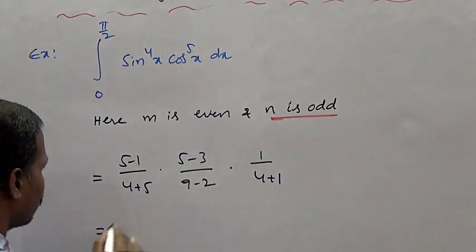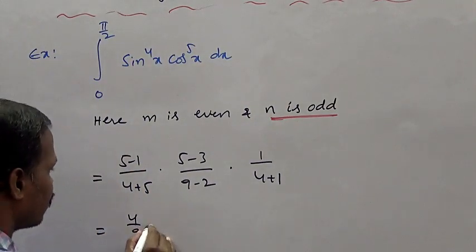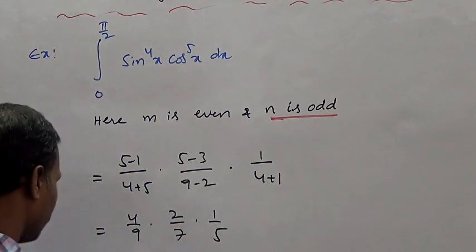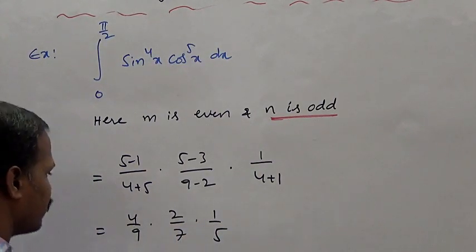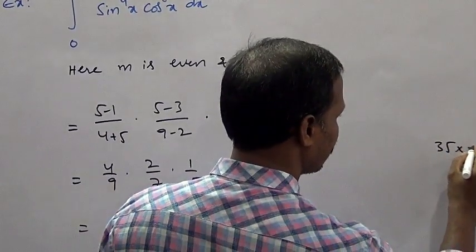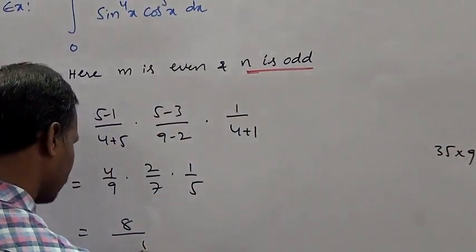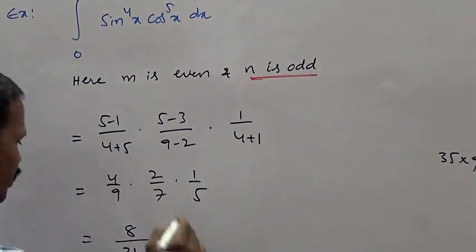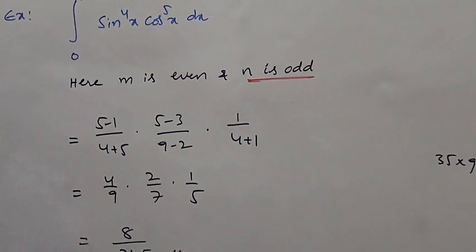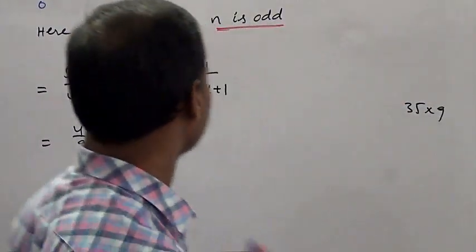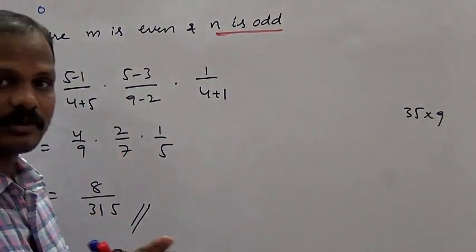So it equals 4 by 9 into 2 by 7 into 1 by 5, which equals 8 by 35 into 9, so 8 by 315. Yes.